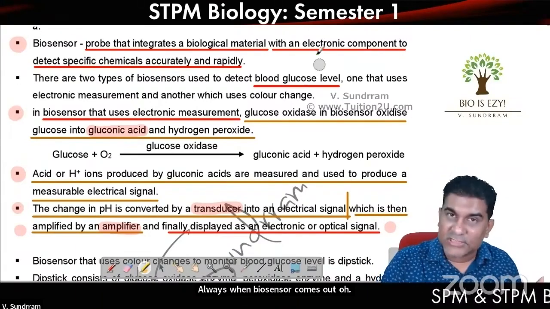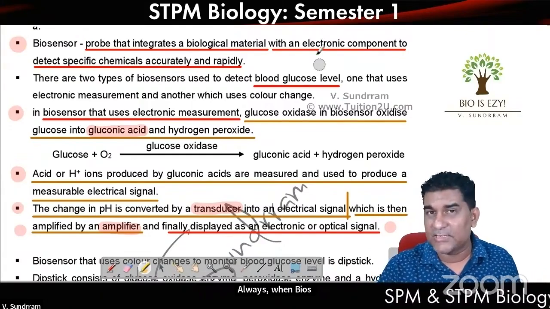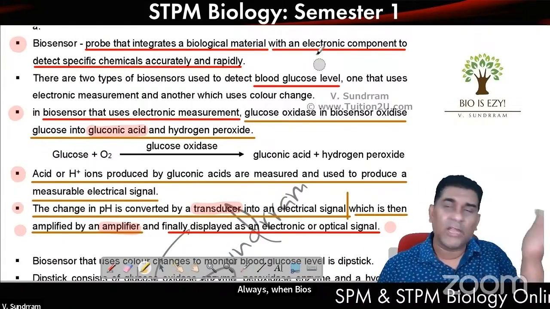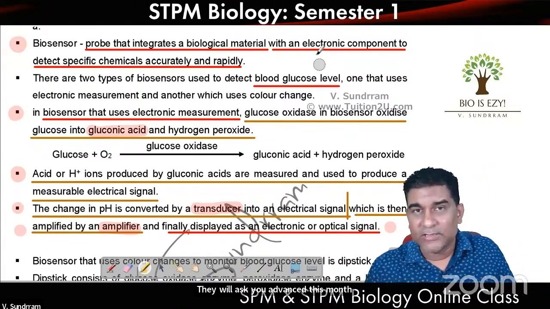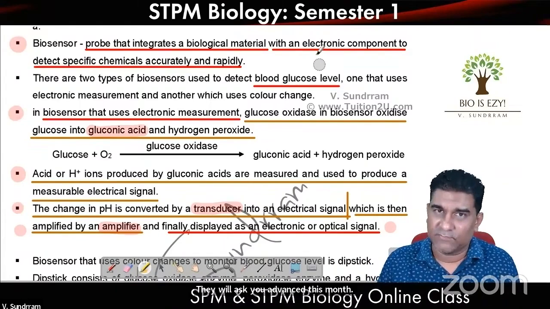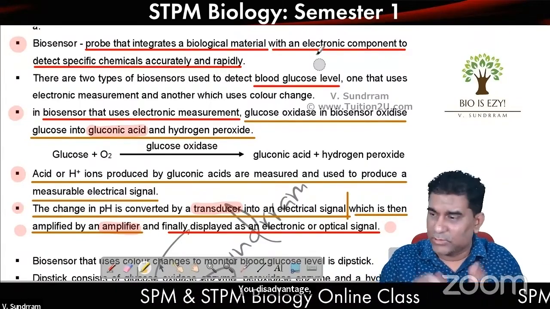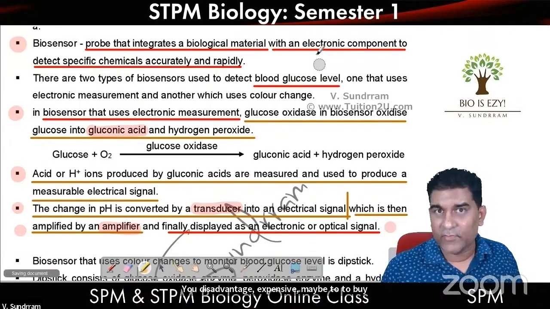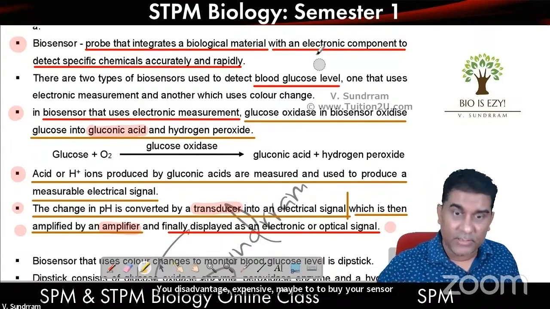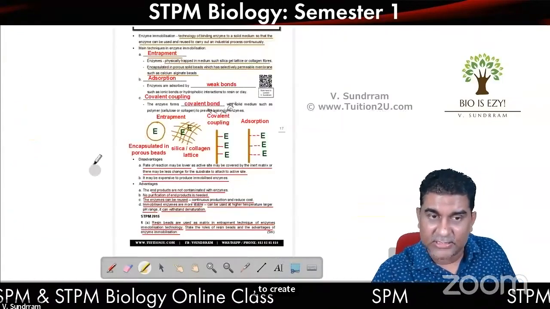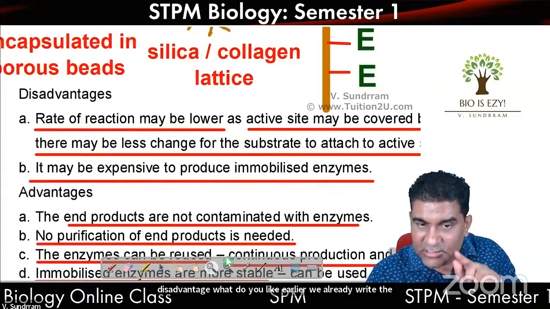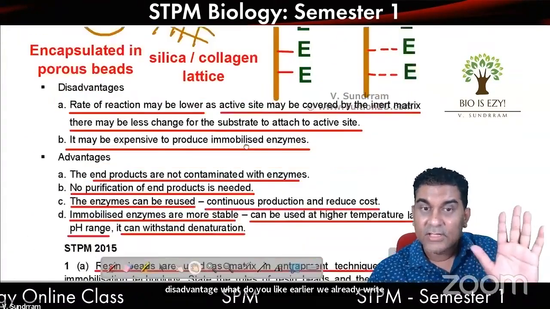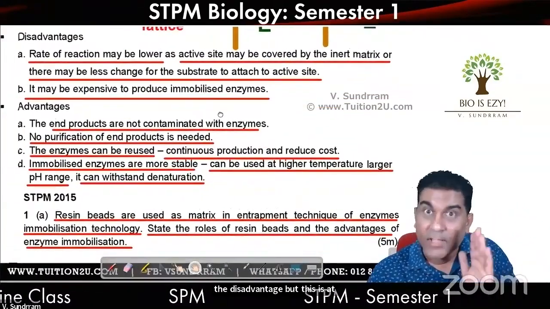Always when biosensor comes out, or when enzyme immobilization comes out, they will ask you advantage, disadvantage. Disadvantage: expensive. Maybe to create a biosensor is expensive, for example. Earlier we already wrote the disadvantage. But this is the advantage and disadvantage of immobilized enzyme.